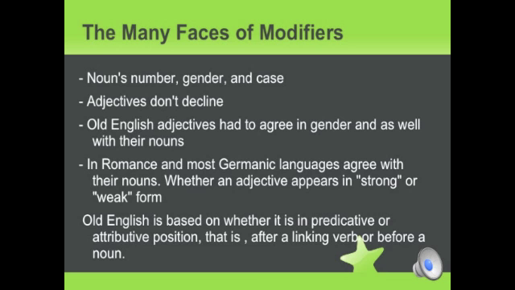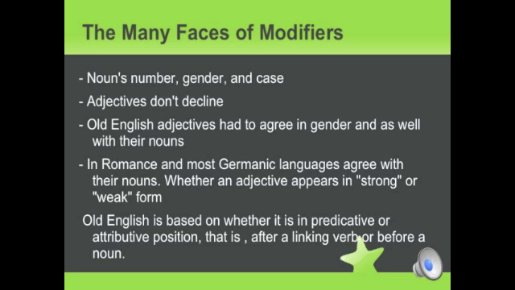The many faces of modifiers. In modern English, the article the and the demonstrative pronoun that are invariant. They always appear in one form. In Old English, the equivalent of the and that took a different form, depending on the noun's number, gender, and case. Adjectives don't decline in modern English either, except as comparatives and superlatives, but they did in Old English with a vengeance.